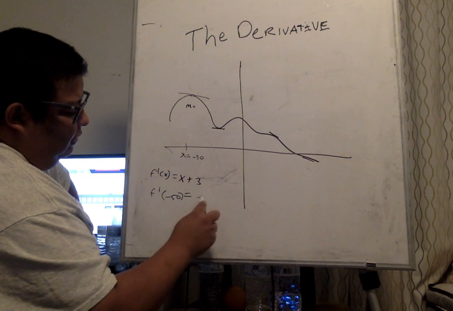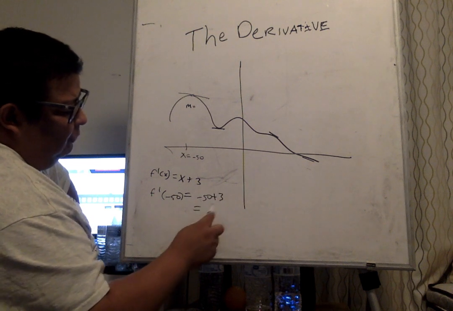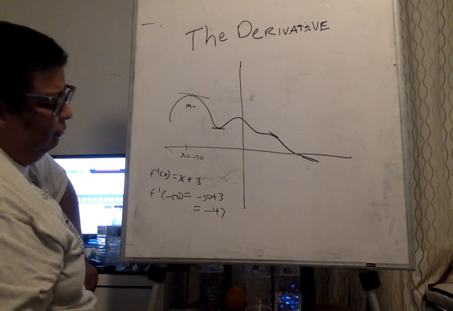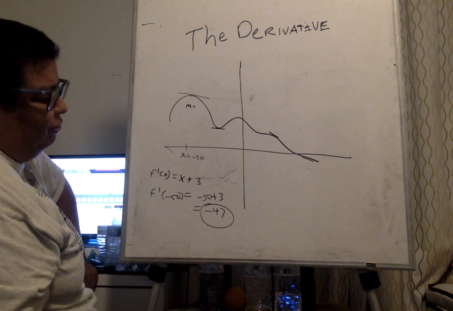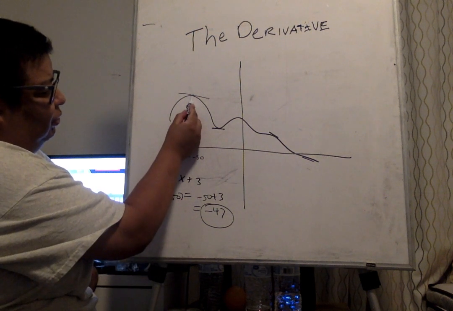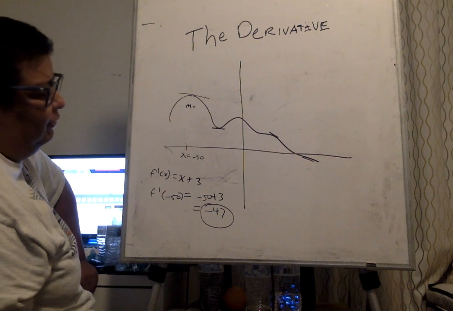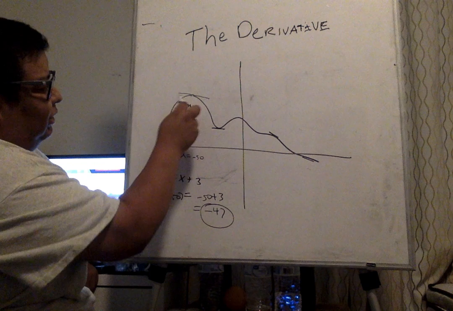So let's plug it in: -50 plus 3. That will be -47. So that is your derivative. That is the slope of the tangent line at that point. In other words, we only care about finding the slopes right now when we're talking about derivatives. The slope of what? The slope of the tangent line at that point.